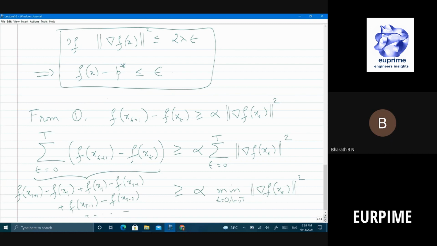What is the last term? Last term will be t equal to 0, right? That will give me minus f of x_0. So what will happen? f of x_T cancels, f of x_{T-1} cancels. Everything cancels except the last and the first term, right? So this is f of x_{T+1} minus f of x_0.